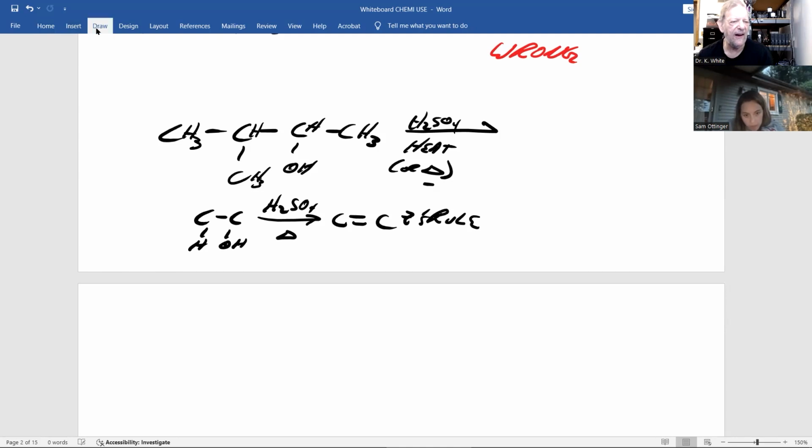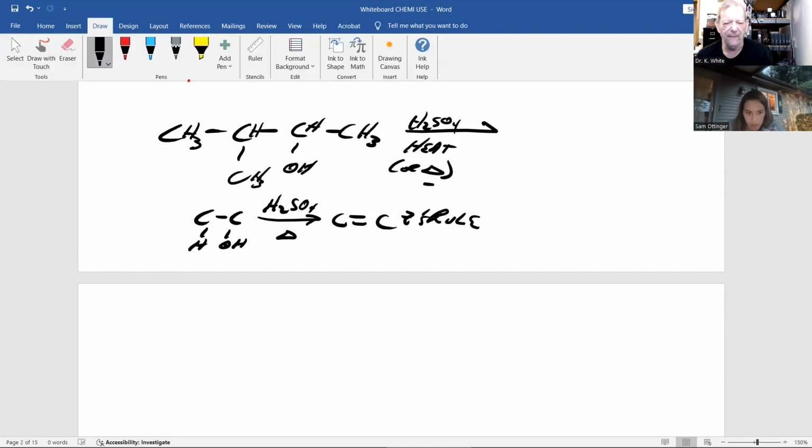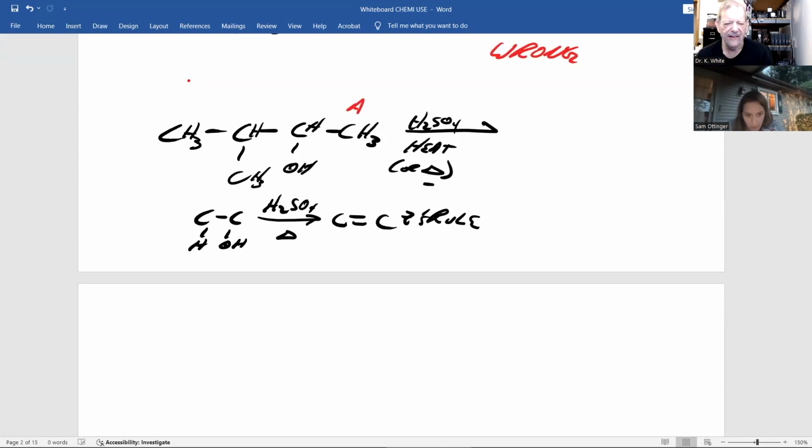So if we look at the compound, this carbon has the hydroxyl group. Where are the adjacent next two carbons with hydrogen?